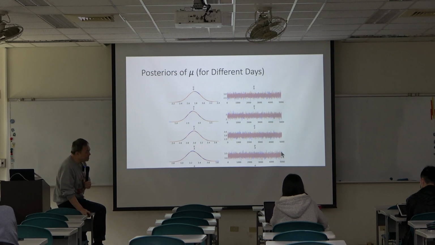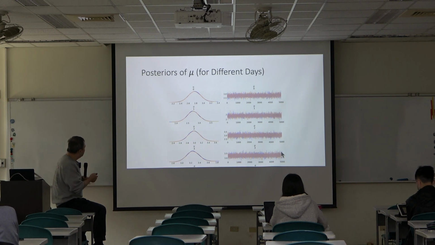Mu 0 represents the mean for the Thursday tips, mu 1 represents the mean of Friday tips, and so on. You can see they are slightly different. It looks like Sunday's tip is higher.